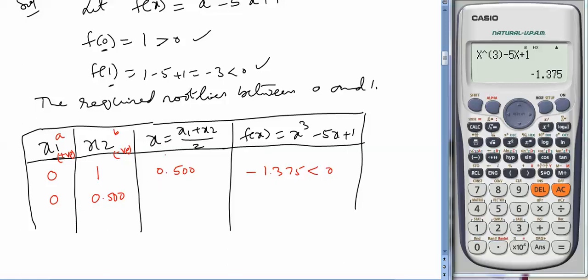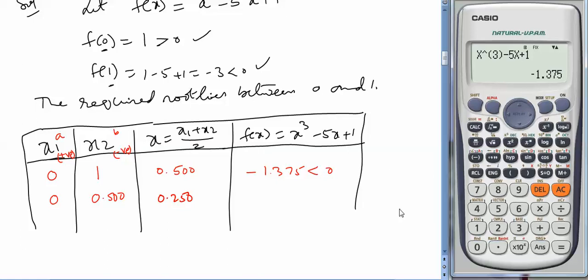Again apply the same iterative method. For this purpose, press the copy button at the top edge. You will get the previous equation a plus b by 2. Now press calc button. A value is 0, which is shown. Now press equals button. B value is modified to 0.5. Then you will get 0.250. Now for finding the f(x) value, again press the copy button at the top edge.